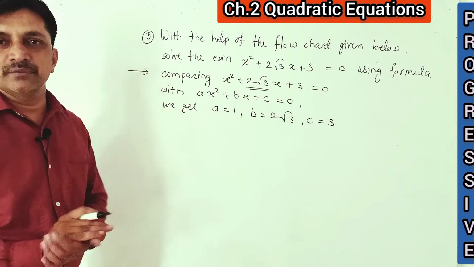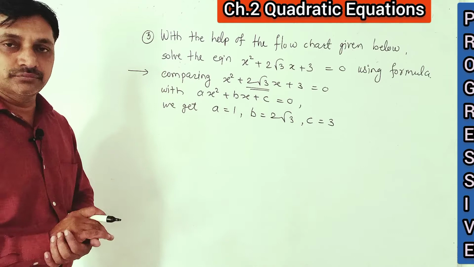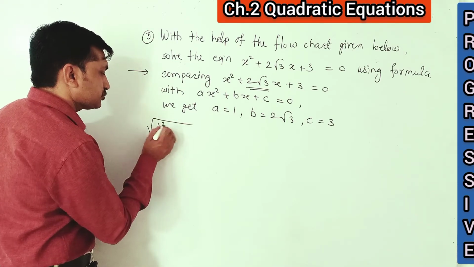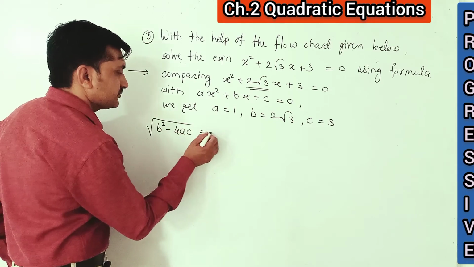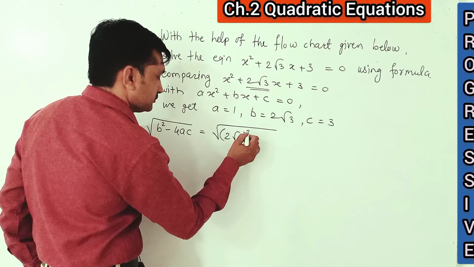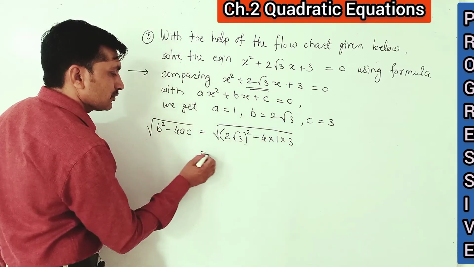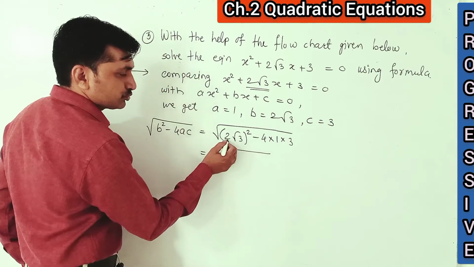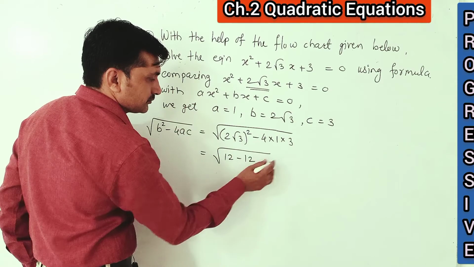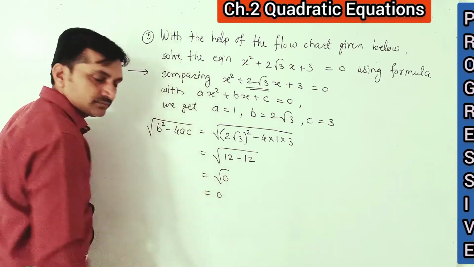By comparing we got ABC. Second step is given there, write the formula, but before that we want root value. Root b square minus 4ac is equal to square root of b value 2 root 3 bracket square minus 4 multiplied by 1 multiplied by 3. Square root of 2 root 3 squared, 2 2s are 4, 4 3s are 12, 12 minus 4 3s are 12, 12 minus 12 is 0, and root of 0 is 0.